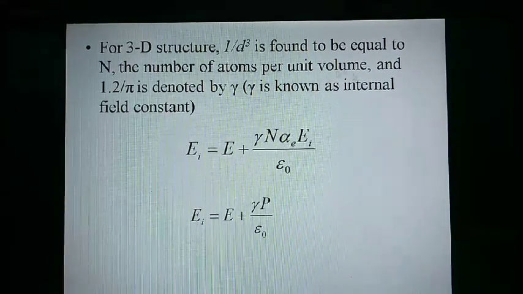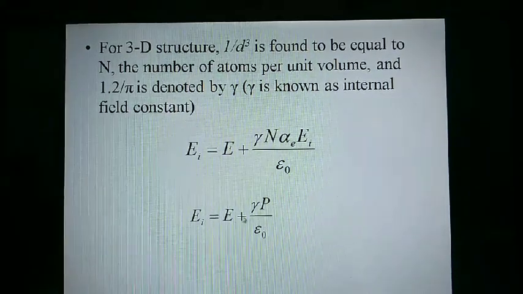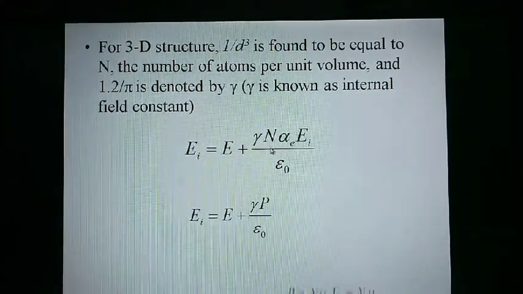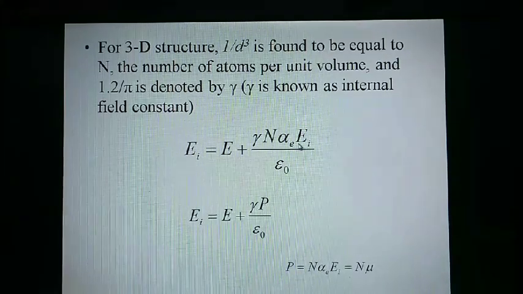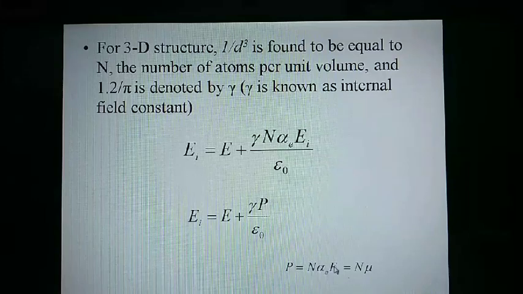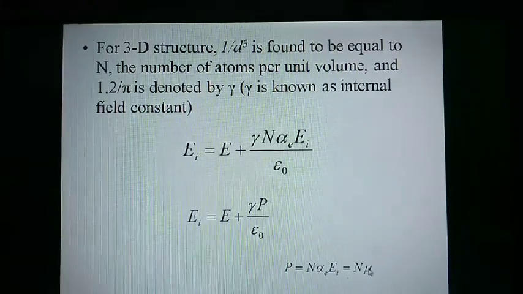In simple form, this can be expressed as EI equal to E plus gamma P divided by epsilon naught. P means it is N alpha E into EI, because alpha E into EI is nothing but the dipole moment.